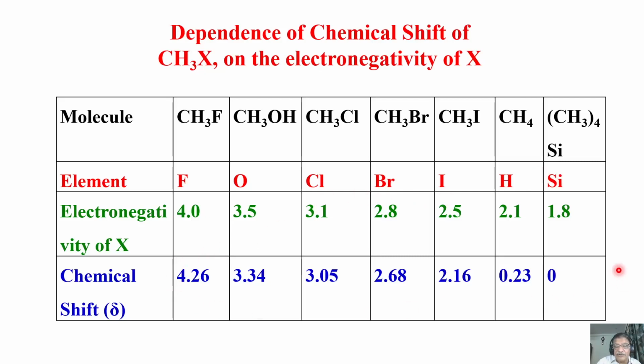As a consequence, the chemical shift correspondingly keeps on shifting to high field. If you go in the order of decreasing electronegativity, it goes to high field, and it goes to low field if you go from left to right, in the order of increasing electronegativity.